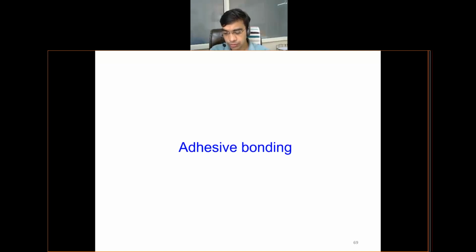So the next way of joining different products that is used is adhesive bonding. Adhesive bonding is very similar to the use of any adhesive on the faying surfaces. For example, you might have used Fevikwik at some point of time to join different objects.